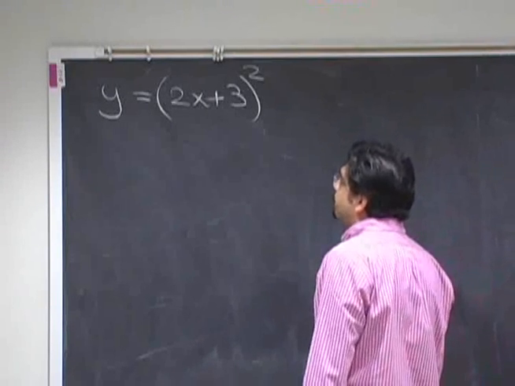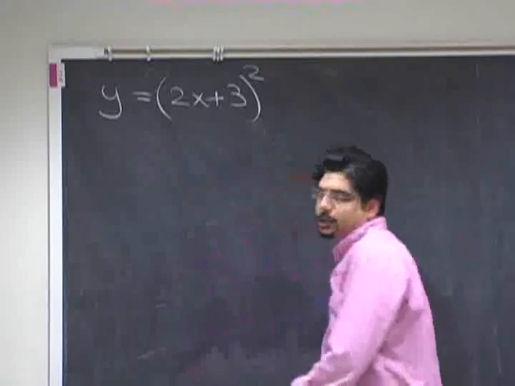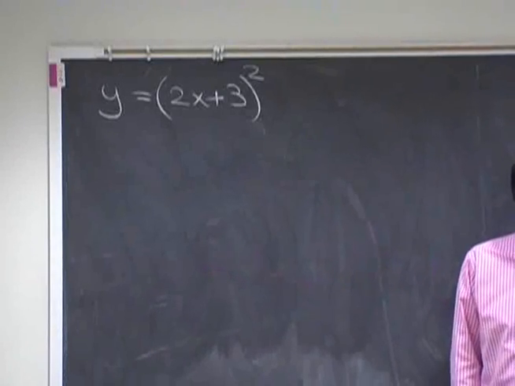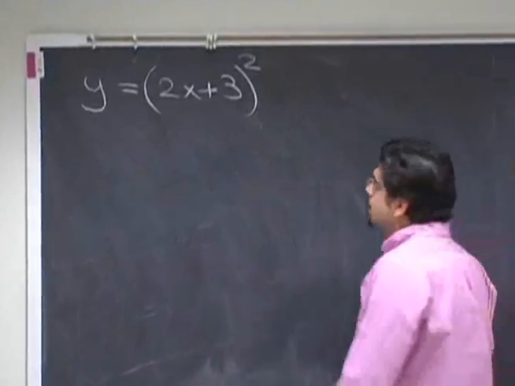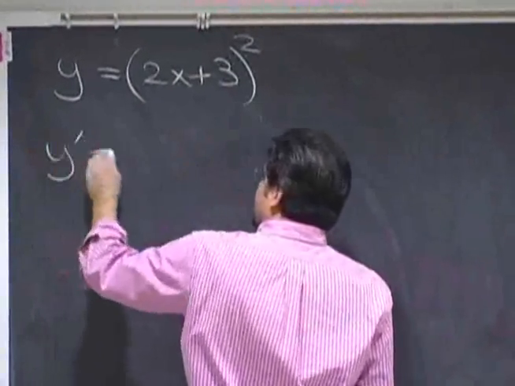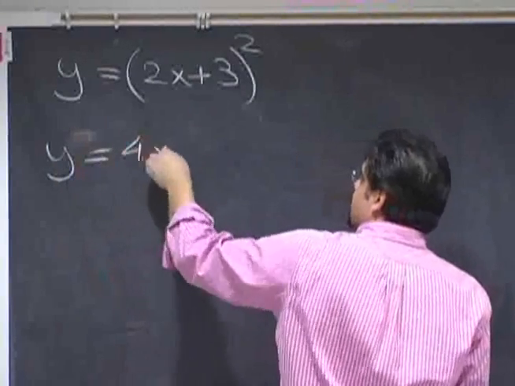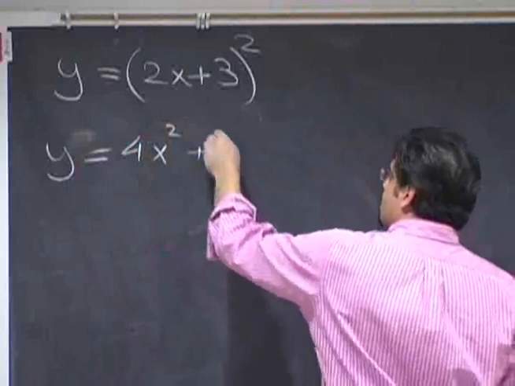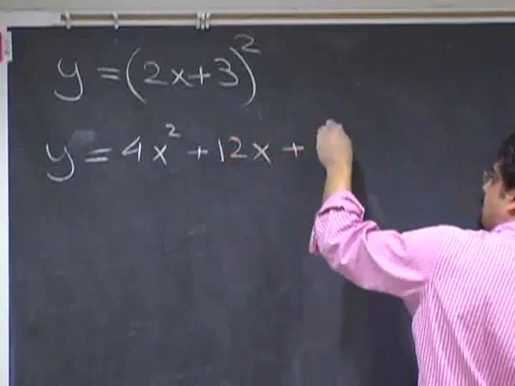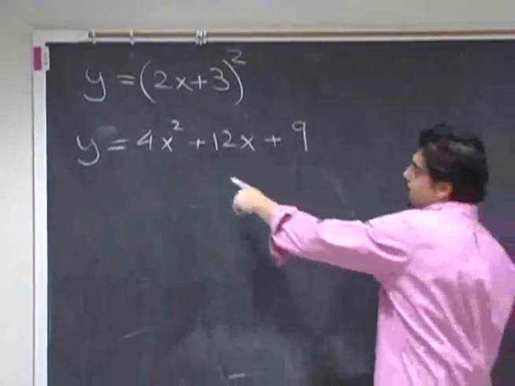Well, this doesn't look like anything we know how to calculate the derivative for. But if I write this as a sum of powers, then we'd be okay. So I could actually write this out: 4x squared plus 12x plus 9. And now I can do the derivative very easily, term by term.